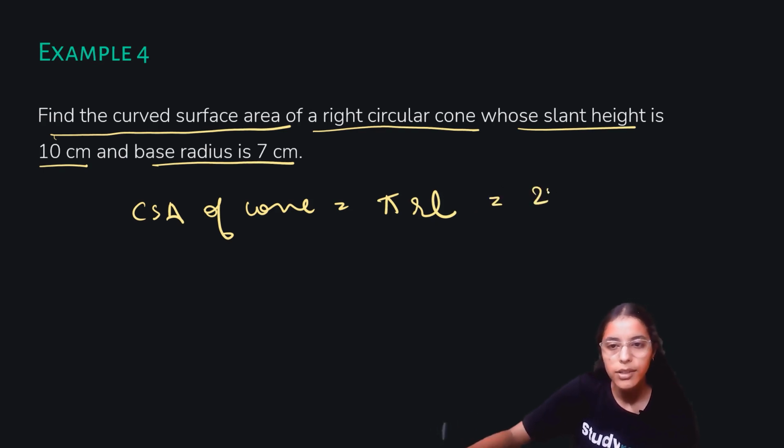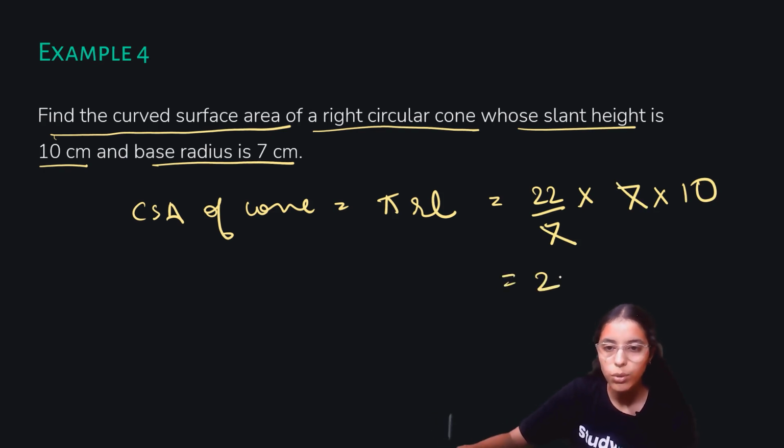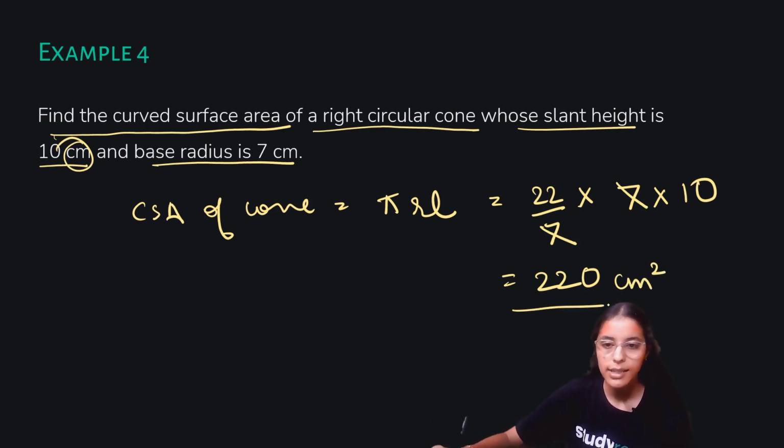Now pi can be written as 22 by 7, into r is 7, into l is 10. So cut it like this and we'll get 220. And since our lengths are given in centimeter, we'll write centimeter square. So this is the curved surface area of the cone, the answer to this example.